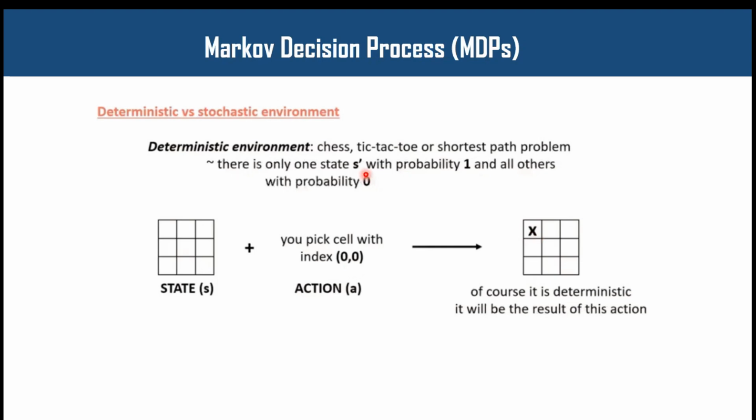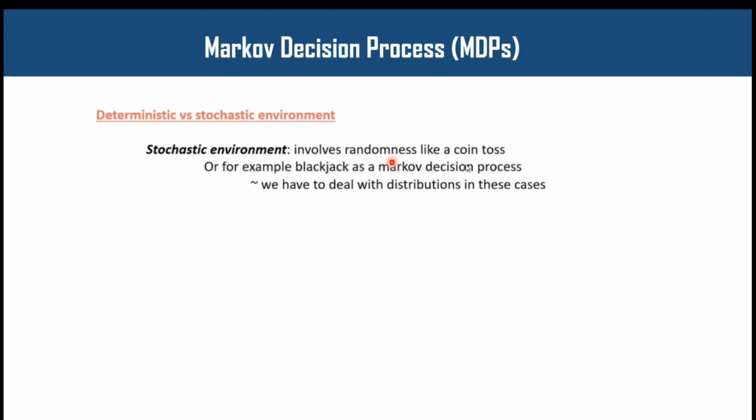So what does stochastic mean? It involves randomness, like a coin toss. When you toss a coin, what will happen? We don't know whether head or tail comes. We cannot determine that. That kind of environment is called a stochastic environment. How will you determine it? Based on the probability function.